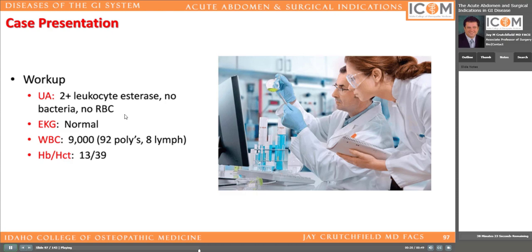Her white count is 9,000 with a left shift, 92% polymorphonuclear leukocytes and 8% lymphocytes, most consistent with bacterial infection. But the total white count isn't elevated. But remember, she's elderly. You don't always see an elevated white count in elderly patients who present with severe catastrophic abdominal emergencies. Her hemoglobin and her hematocrit are normal, and we're not given the MCV.